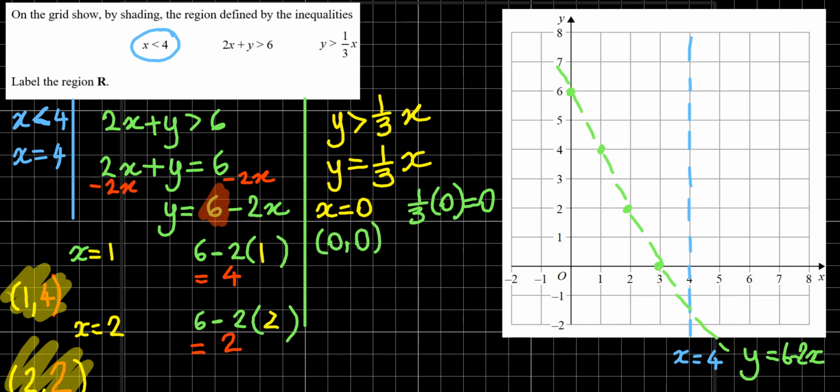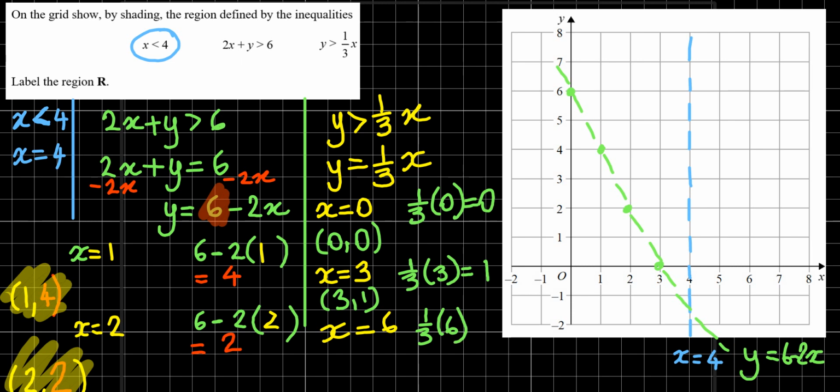I'm also going to choose a value for x that's divisible by 3. So when x is 3, 1/3 of 3 is 1. So I'm going to plot 3, 1. And finally, another multiple of 3 is 6. So 1/3 of 6 is 2, so we can plot 6, 2.